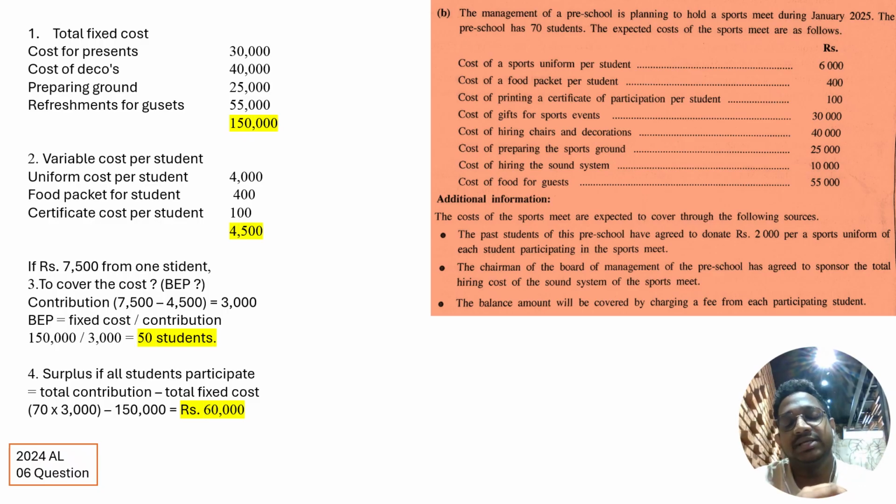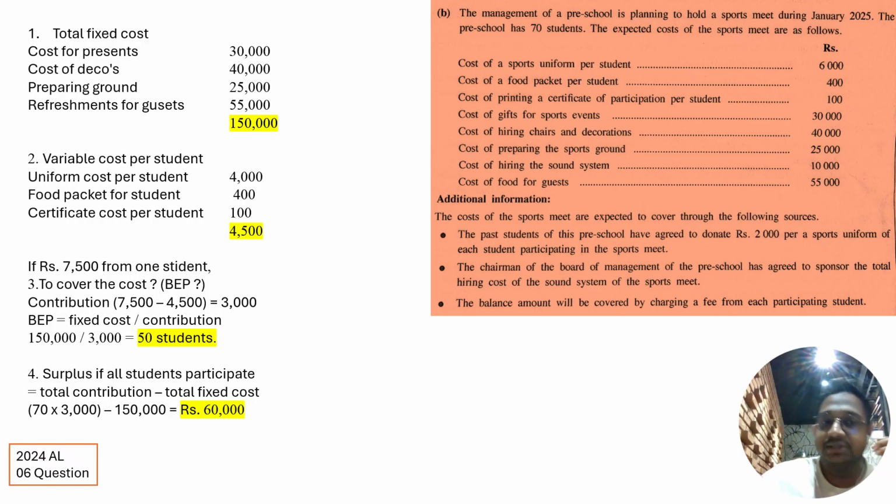So when it comes to these types of questions, you have to find out the unit of this scenario. And here the question is per student. So if there are any expenses or cost items that differ based on the number of students, those come as variable cost, but if not, those come as fixed cost, right?